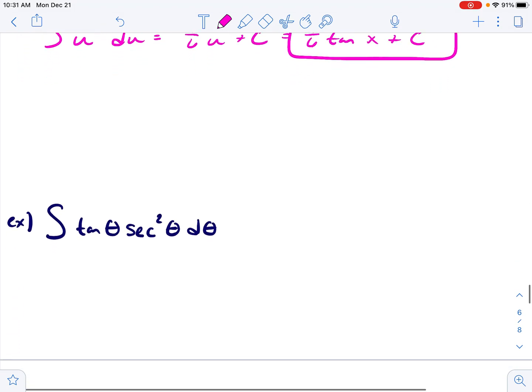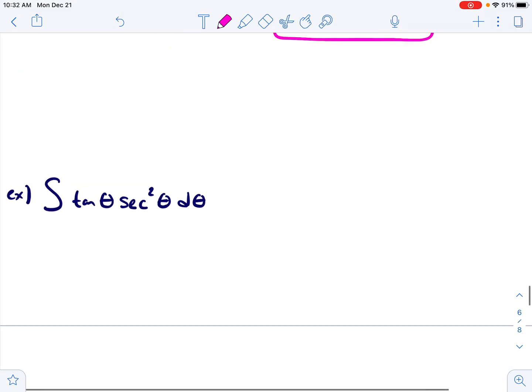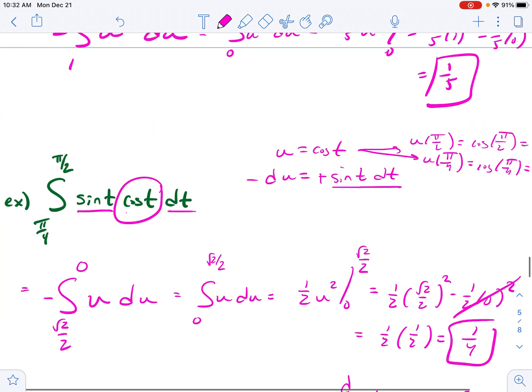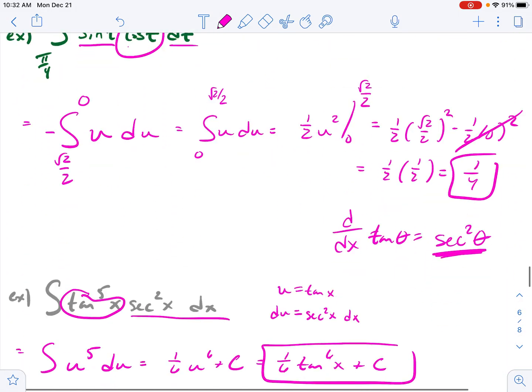All right. Next up, integral of tan theta secant squared theta d theta. Even though secant's the one with the power, you can let u be tangent because, again, du will pick up the secant squared. So with these trig ones, it's not always going to be the trig function that has the highest power. That's usually a good place to start.